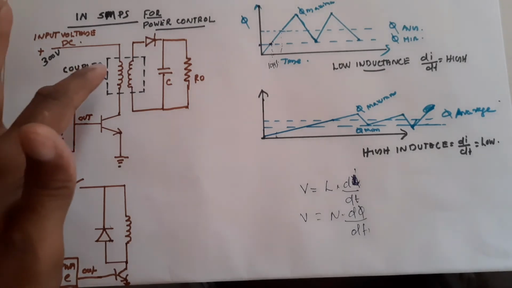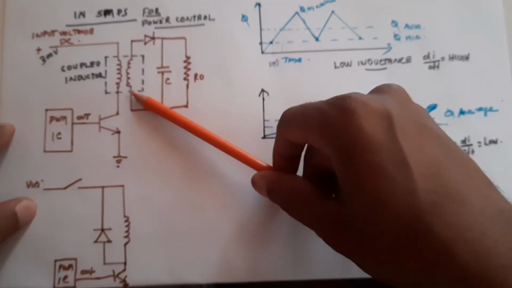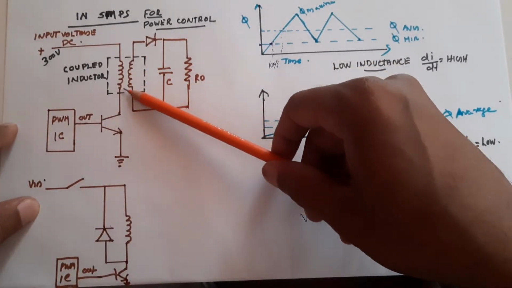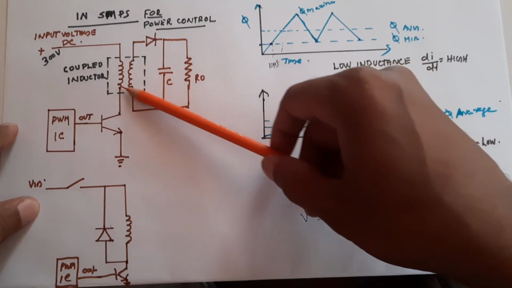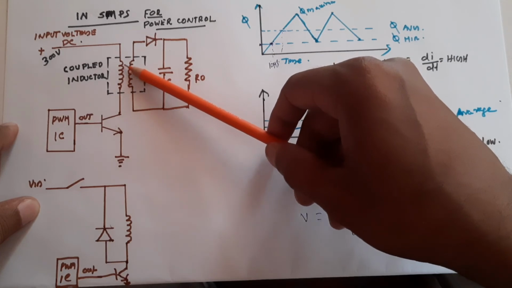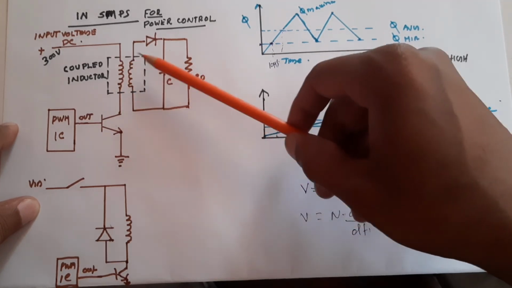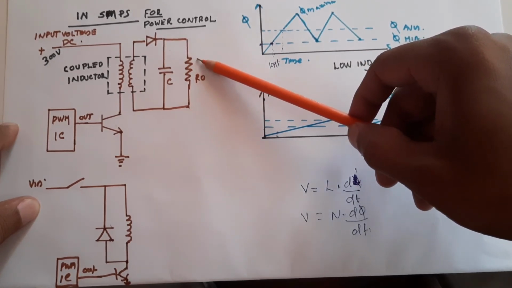So by increasing or decreasing the number of turns, we can increase or decrease the inductance, and thereby control the power that comes from the input voltage and is stored in the core. By increasing the number of turns, we can reduce the flux stored in the inductor, and thus the output power can be minimized.